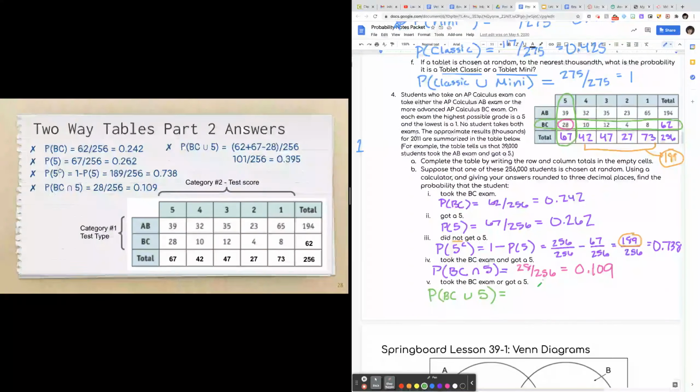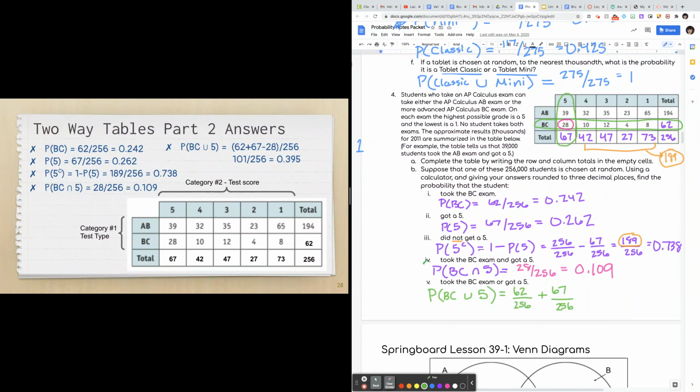So for BC, my total was 62 out of 256, okay? And then I say plus, I want to add, because remember, they can be in one or the other, right? Or both, right? So I can add the totals in both of the categories. So 62 out of 256 for BC, and then 67 out of 256 for 5s.